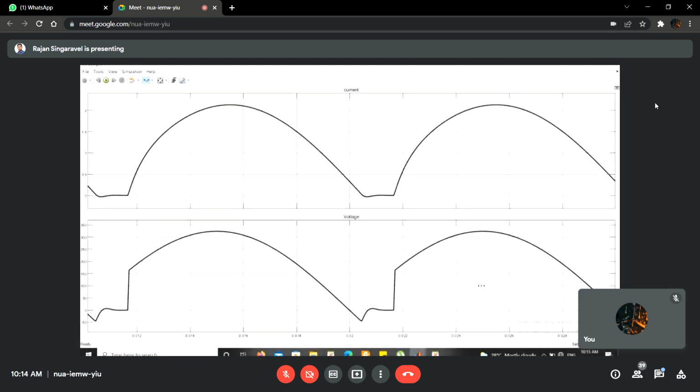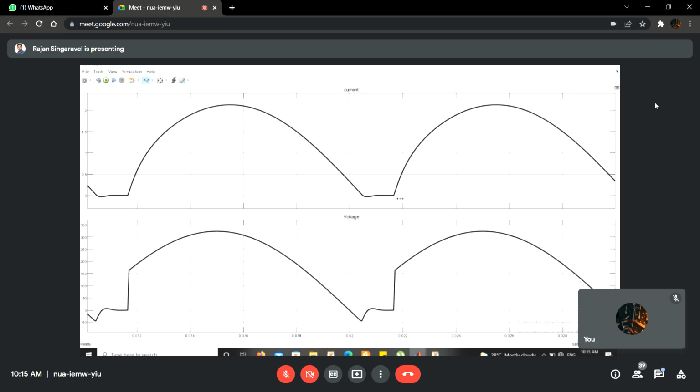There is a small negative peak, and whenever the current becomes zero, you understand that the current has become less than the holding current, so the thyristors are turned off and there is no current. Current becomes zero, and the next set of thyristors, T3 and T4, are waiting for the triggering pulses at omega t equal to 30 degrees. We are giving alpha as 30.